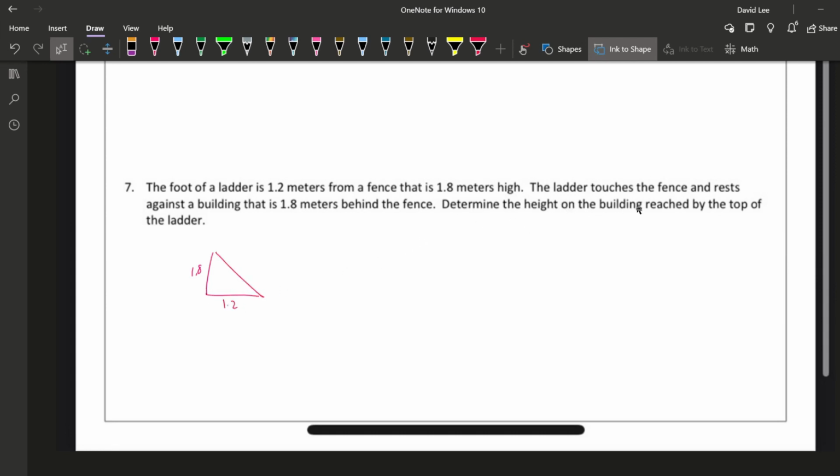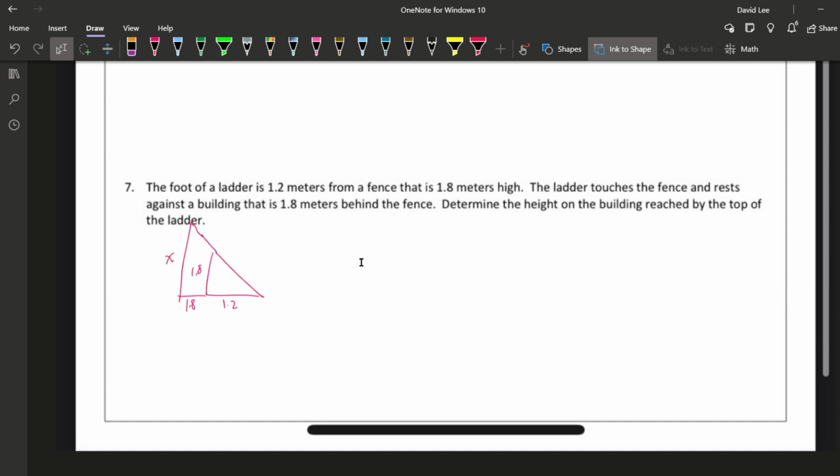The ladder touches the fence and rests against a building that's 1.8 meters behind the fence. Okay, interesting. So I guess this thing touches a building that's 1.8 behind the fence. Determine the height of the building reached by the top of the ladder. So we'll call this x.